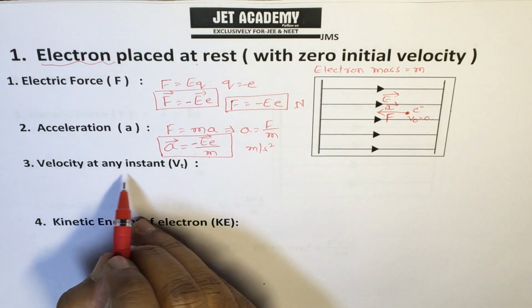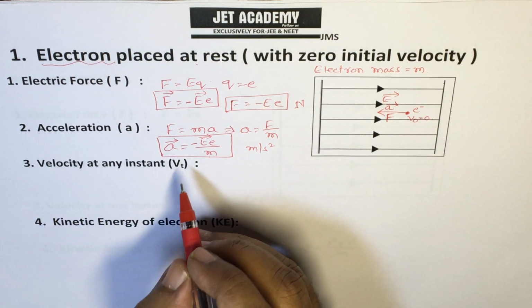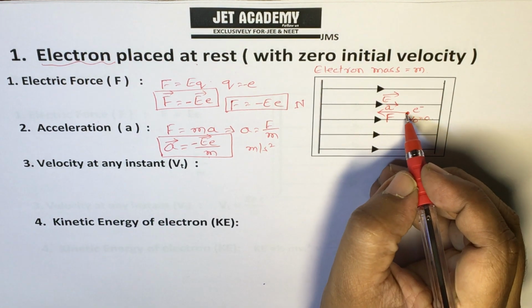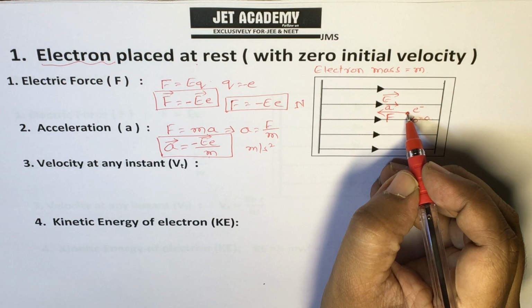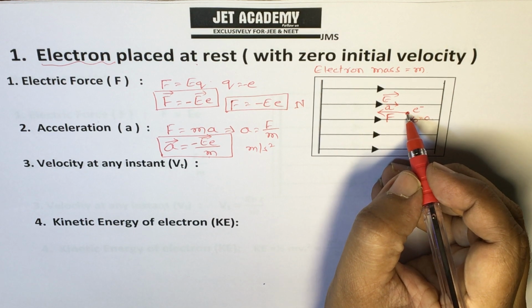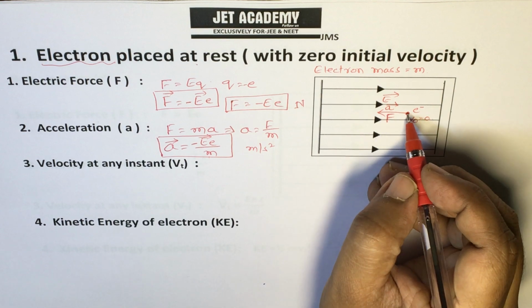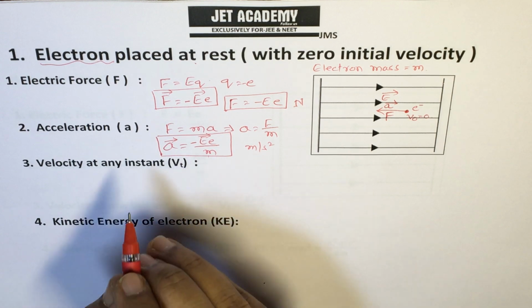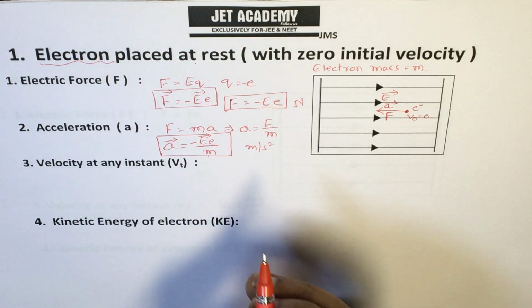Then velocity at any instant, Vt. Initial velocity is 0, but when we kept the mass here, the electron acts as a mass now. It accelerates, meaning it is moving with a constantly increasing velocity. And the acceleration is a constant acceleration. Why?